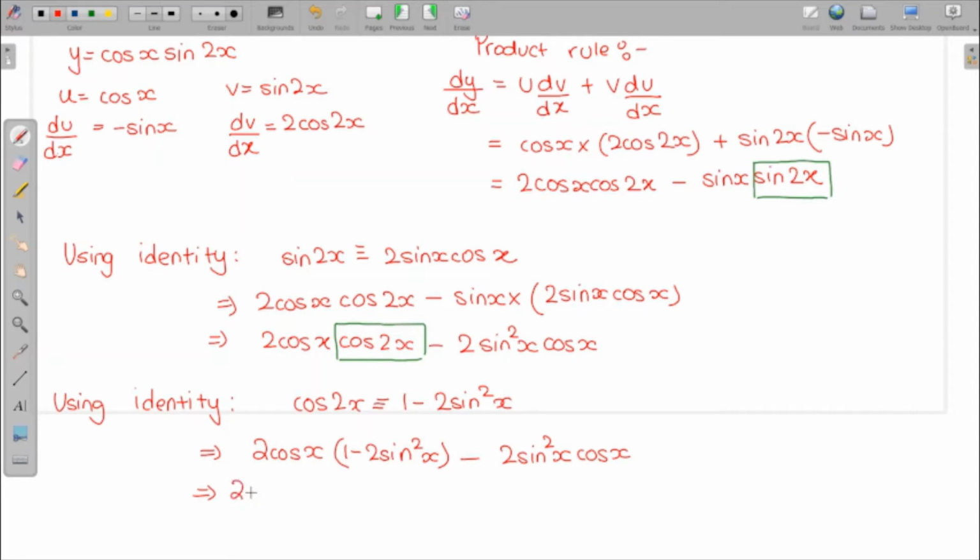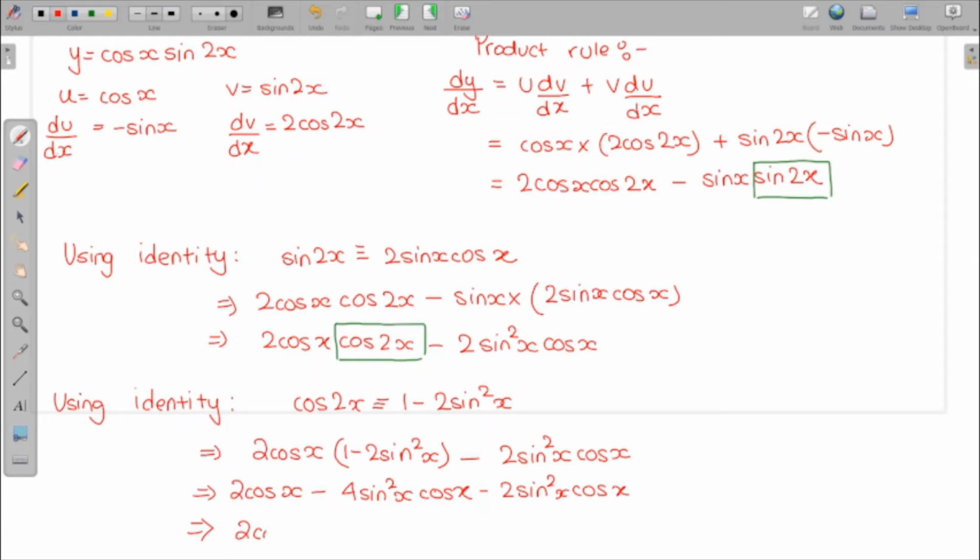So this will become 2 cos x minus 4 cos x sine square x minus 2 sine square x cos x. So see over here we have minus 4 sine square x cos x minus 2 sine square x cos x. So this can become minus 6 sine square x cos x.